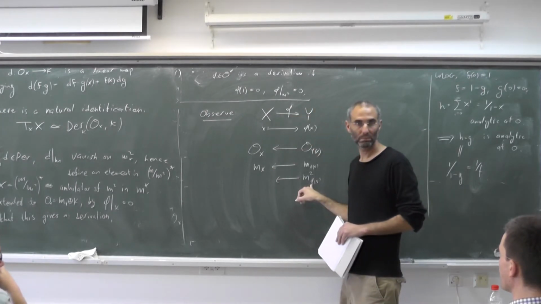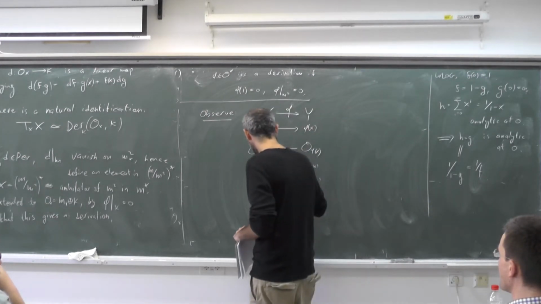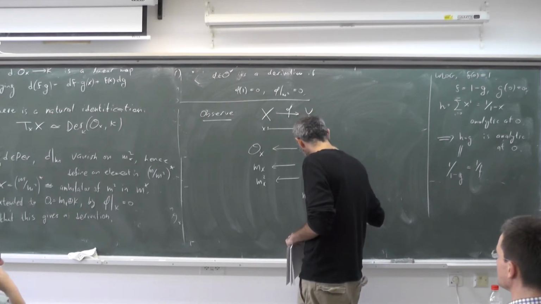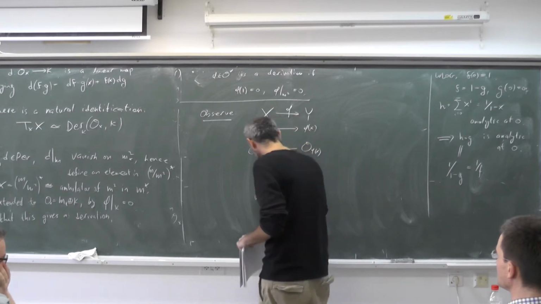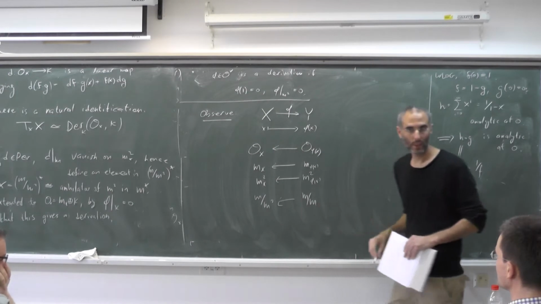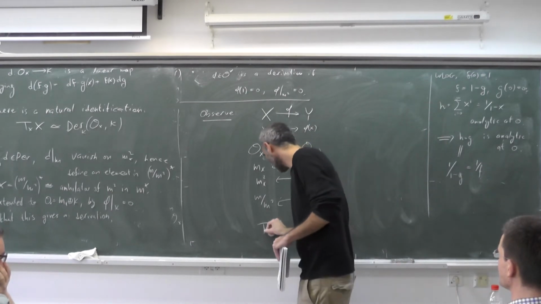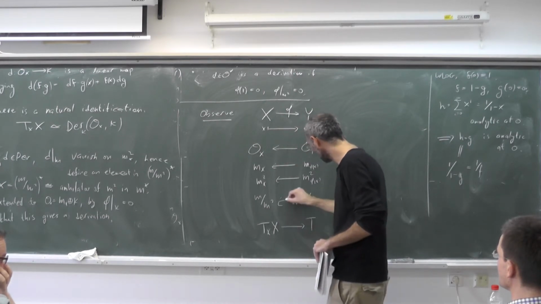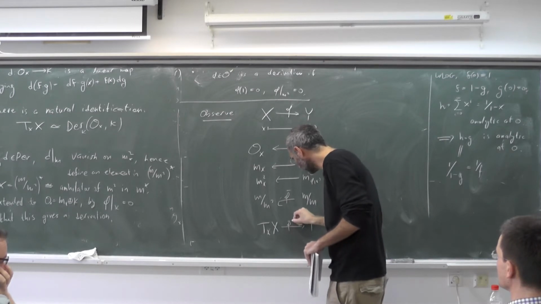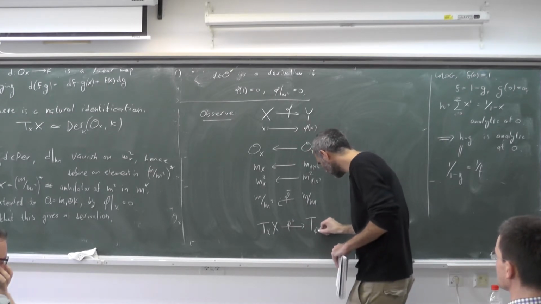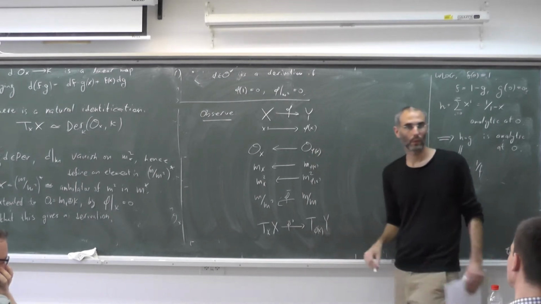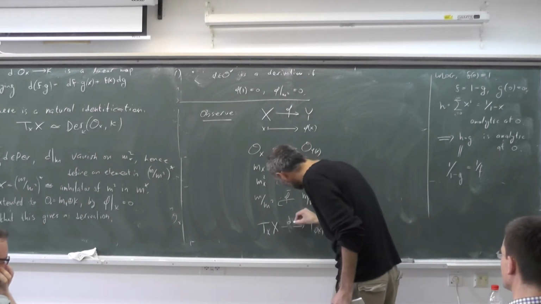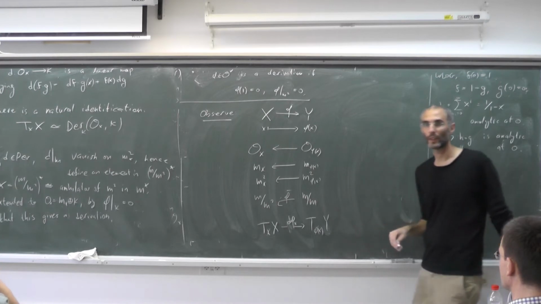If I have a product of two such functions, I compose with phi. So I'm getting such a map, and hence a dual map. Maybe this is phi bar, but of course I don't call it that, I call it d phi x.